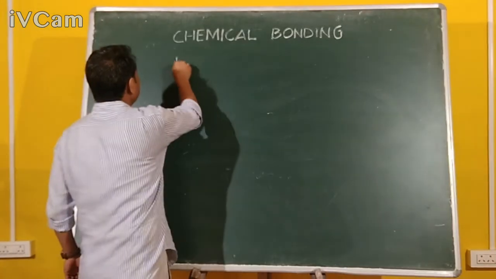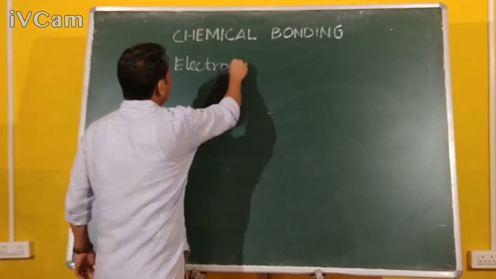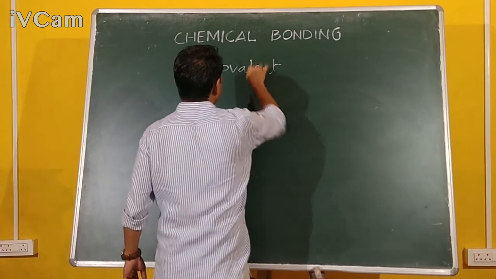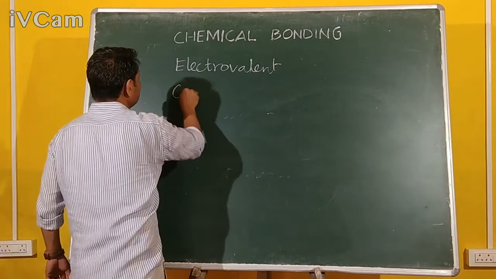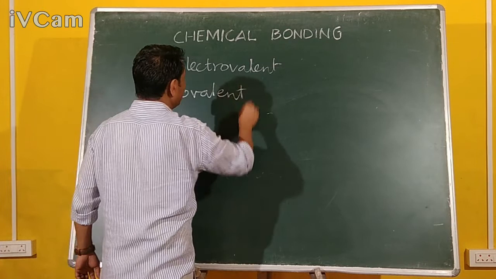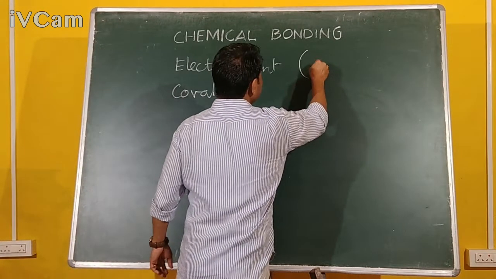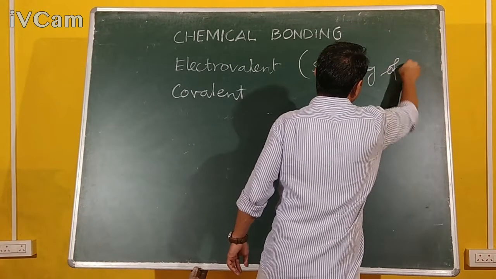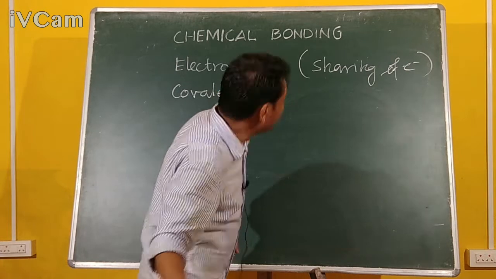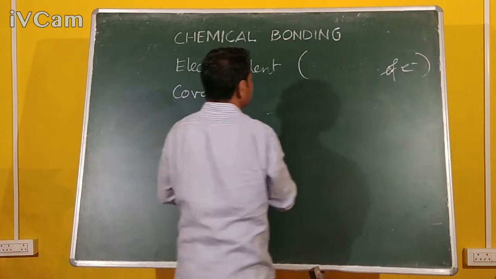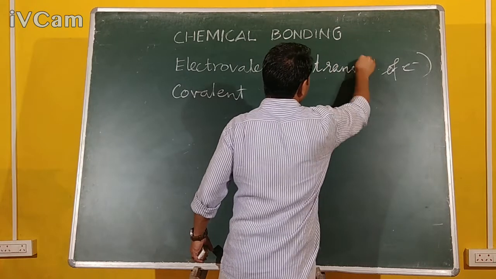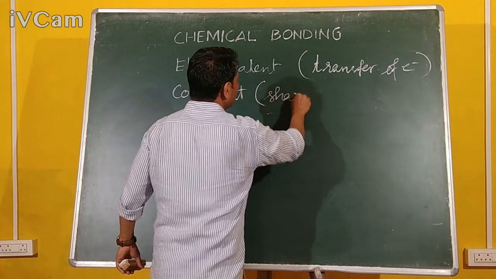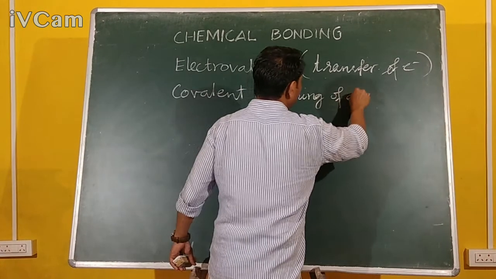Electrovalent compound is formed by the transfer of electrons, whereas covalent compound is formed by the sharing of electrons.